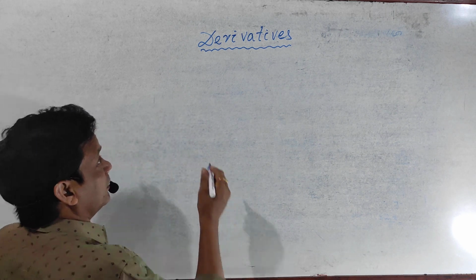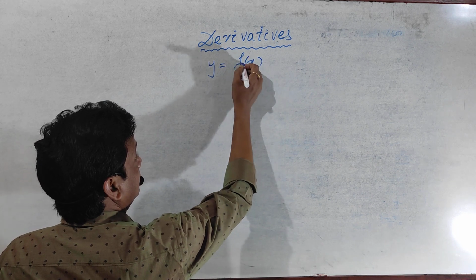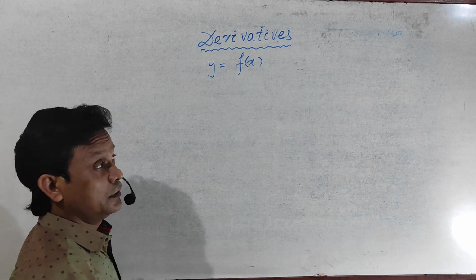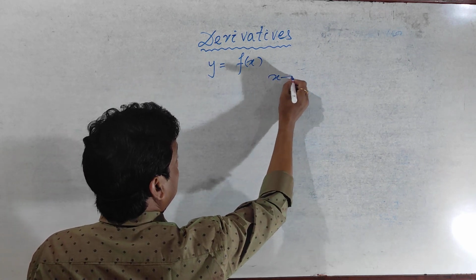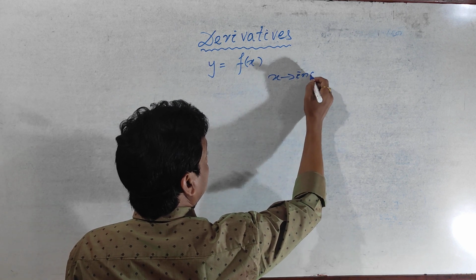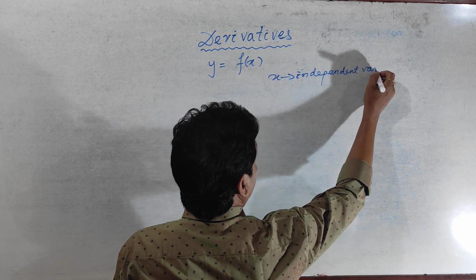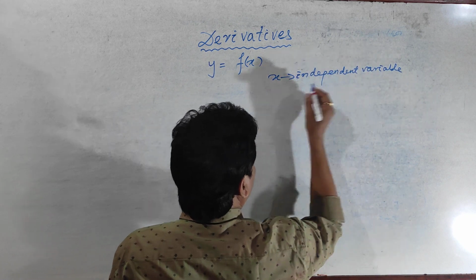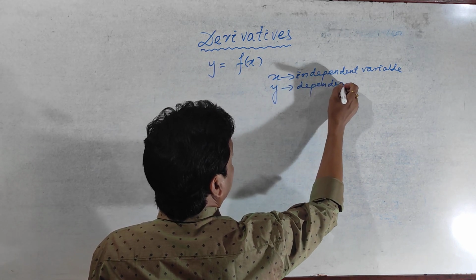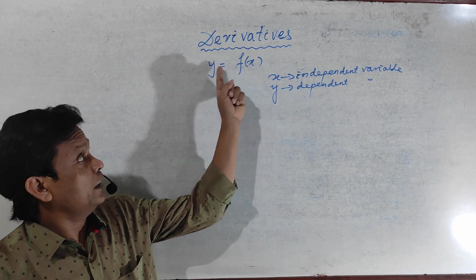See here. For example, I am taking y is equal to f of x. That means here y depends upon x. So here x is the independent variable and y is the dependent variable, because y depends upon x.